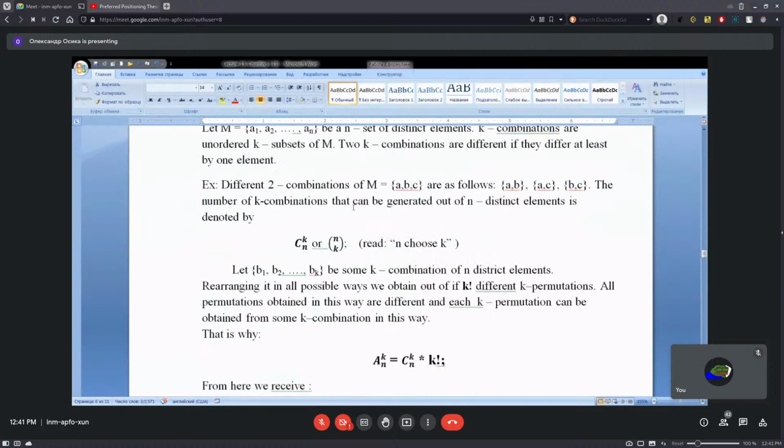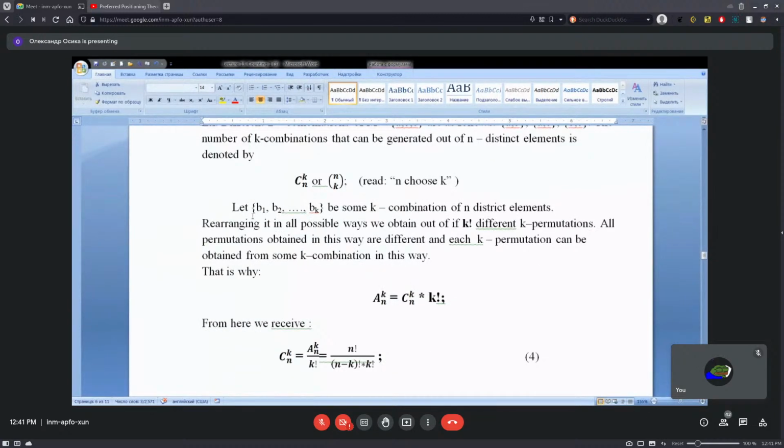The number of K combinations that can be generated out of n distinct elements is denoted by C sub n high K, or we read it n choose K.